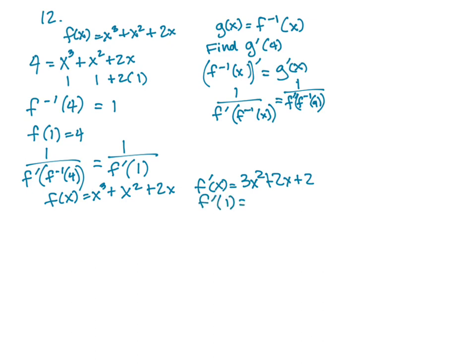Okay. So 3 plus 2 plus 2, 7. Now I get 1/7. Yep, okay. Whew. 1/7 is my answer. So once I find the derivative at that point, I go straight to the bottom with it.